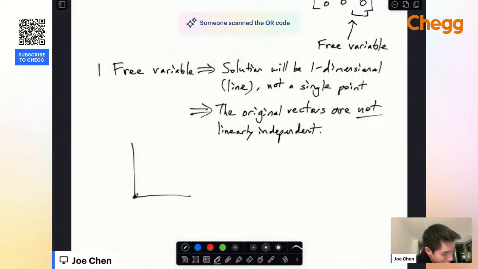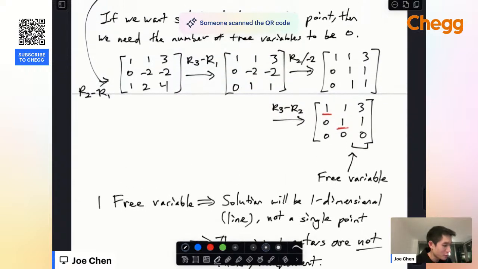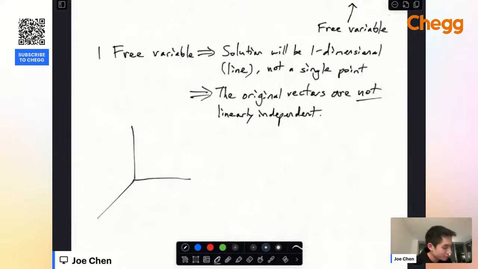So we have the vector 1, 1, 1, the point 1, 1, 1.